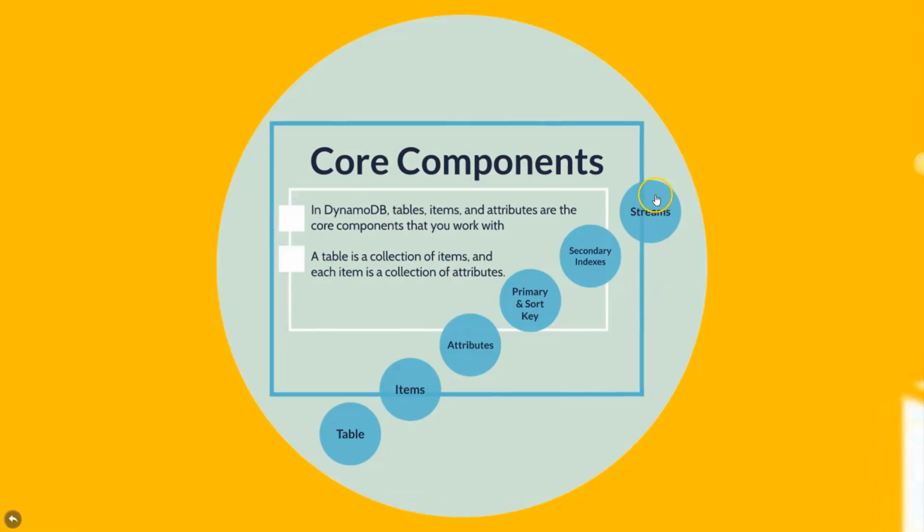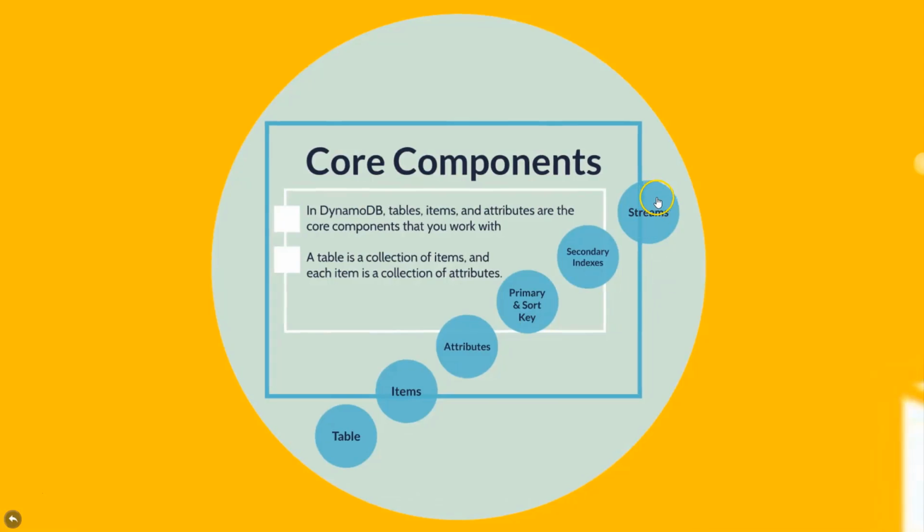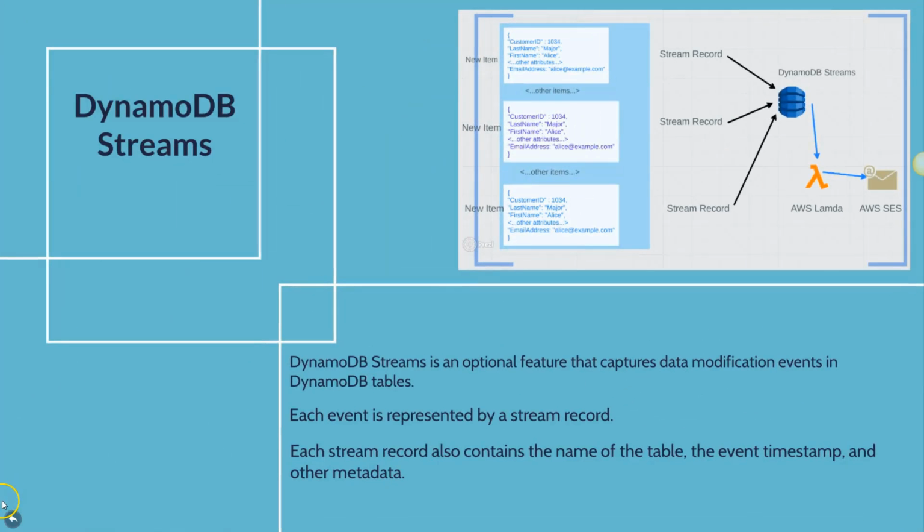Now we will see what is streams. DynamoDB Streams. DynamoDB Streams is an optional feature that captures data modification events in DynamoDB tables. The data about these events appears in the stream in near real time and in the order that the events occurred.